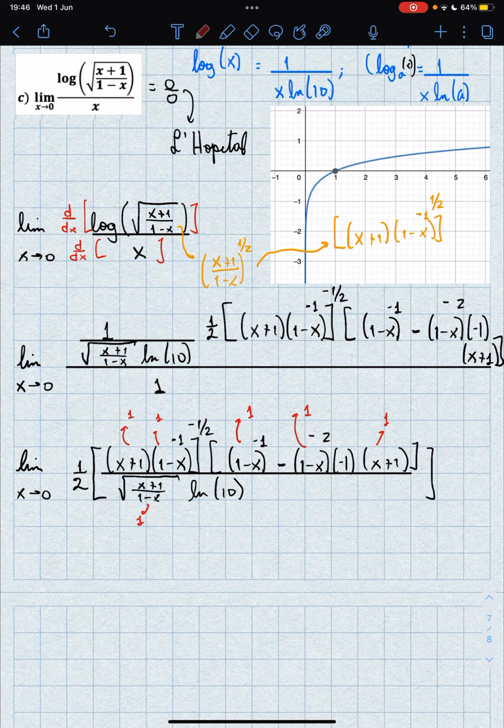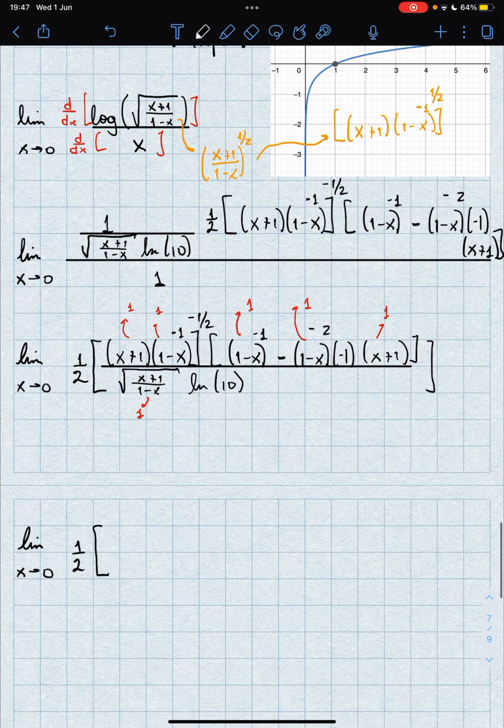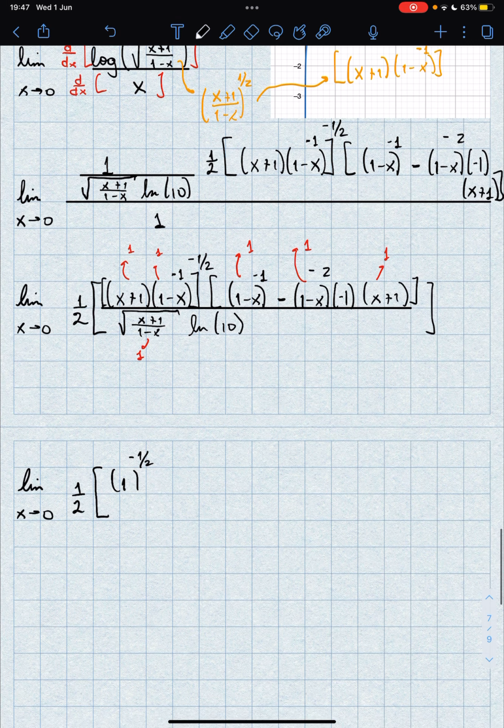So let me see how it goes, guys. So at the end, this is... Yeah, let me see something because I think... Yeah, because it goes the other way. So this is like this. Okay. So we're going to have 1 to the minus 1/2.